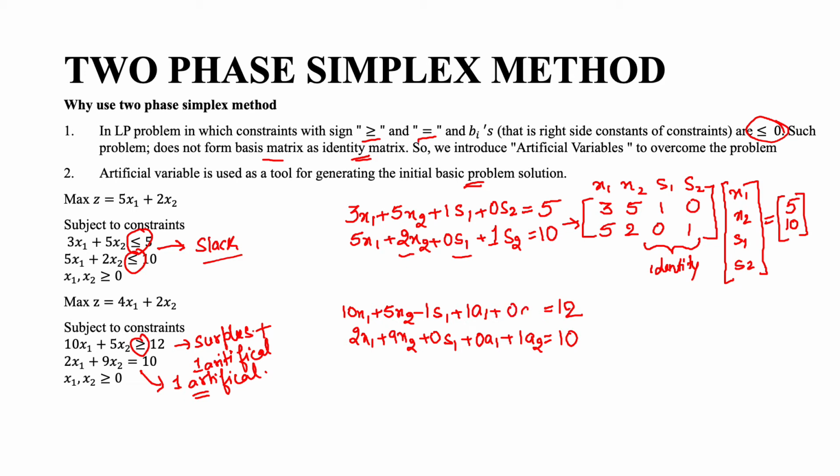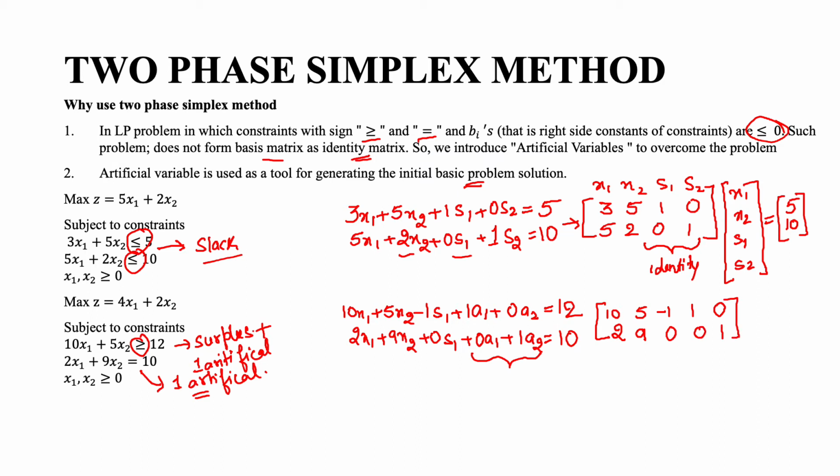Okay, here also, with the help of the artificial variables, if I change it to matrix form, it is 10, 5, minus 1, 0, 1, and 2, 9, 0, 1, and then 1, 0, 0, 1.